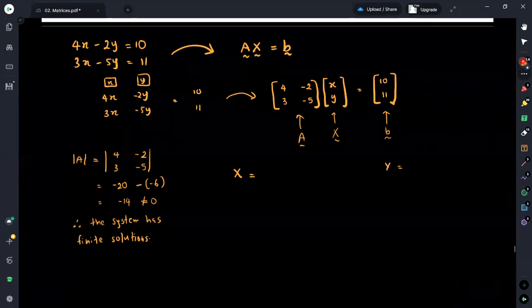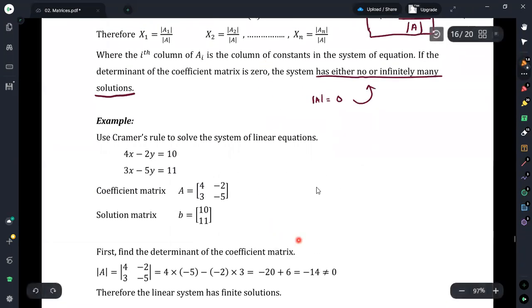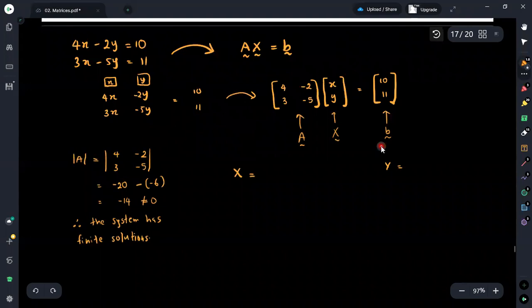According to the theory, if we have the ith variable, then xi equals the determinant of Ai over the determinant of A. In a similar manner, here we have our variable as x, so x equals the determinant of Ax divided by the determinant of A. Similarly, I can obtain y by taking the determinant of Ay divided by the determinant of A.